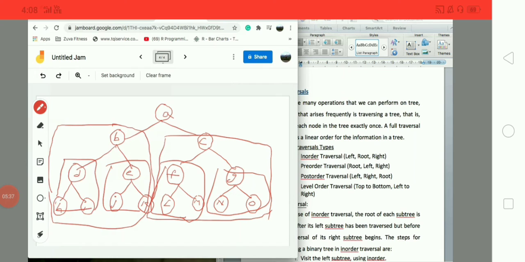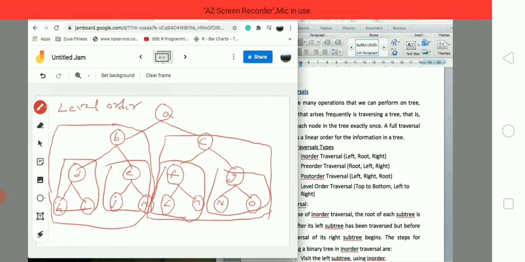Now let us check another type of tree traversal, that is level order. We already know it visits from top to bottom, and after that it checks from left to right. Here A is the root node and the topmost node.